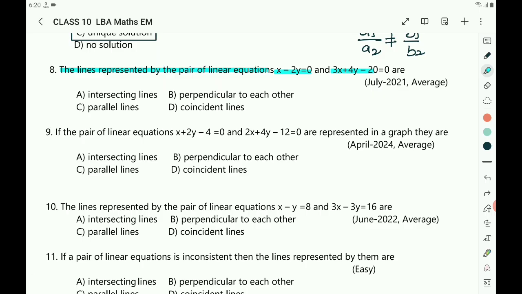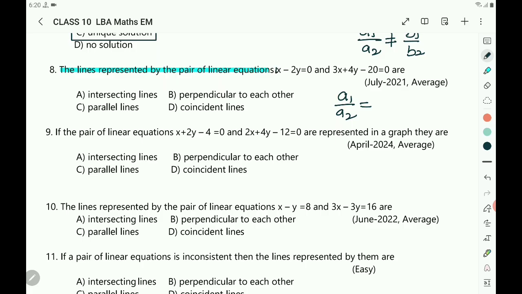Now you take the values here. A1 by A2 means 1 by 3. B1 by B2 means minus 2 by 4. C1 by C2 means here C is not there, 0, 0 by minus 20.